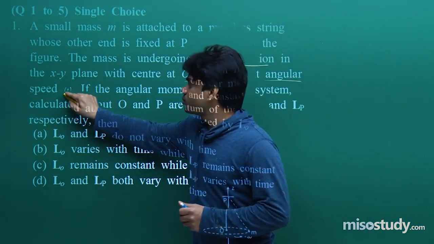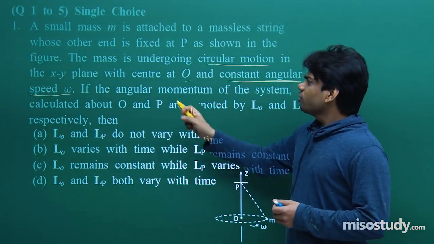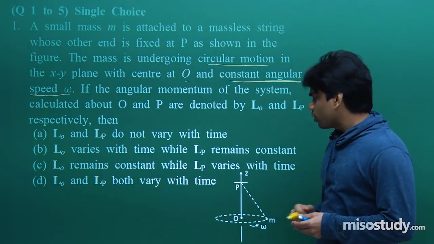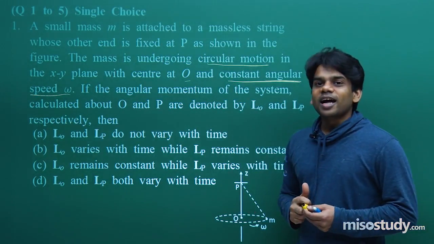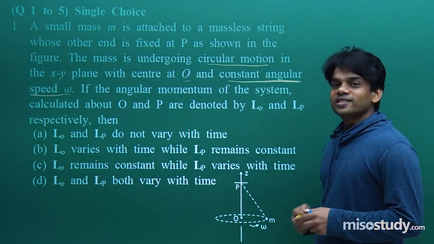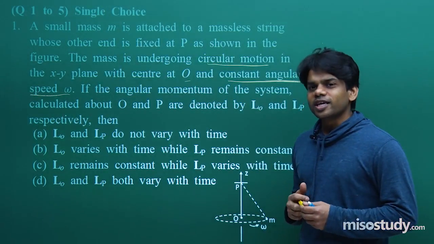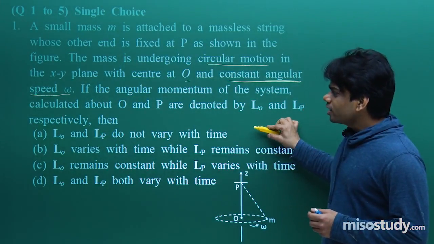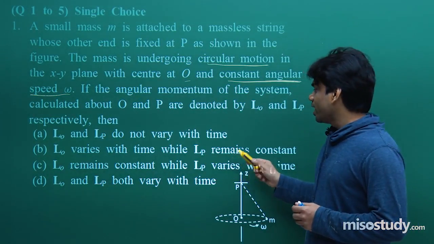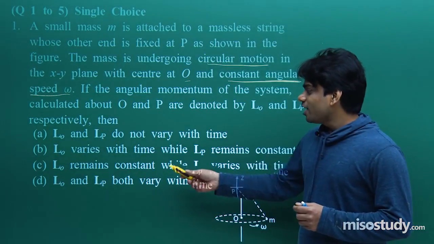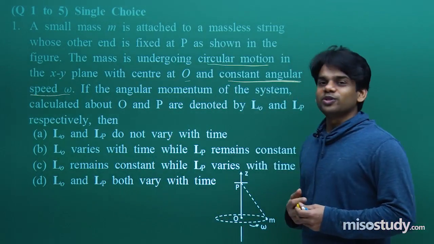If the angular momentum of the system calculated about O and P are denoted by L0 and LP respectively, then option A: L0 and LP do not vary with time. B: L0 varies with time while LP remains constant. C: L0 remains constant while LP varies with time. D: L0 and LP both vary with time.